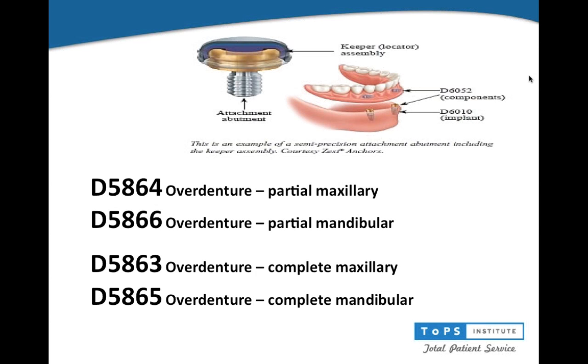So it'll be very important that you use the correct code for the correct arch. And then the component for the full denture, overdenture, and overpartial, which in the past was the 5860, is now the 5863 and the 5865. So many of our patients are really seeking this type of care, so it's great that we've been able to be more specific in the procedures that we're actually able to help them with.